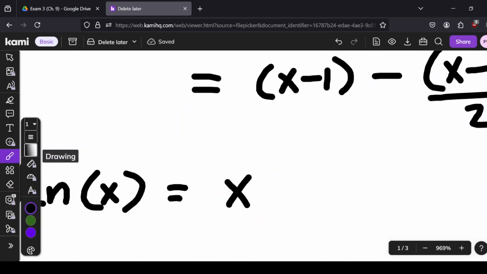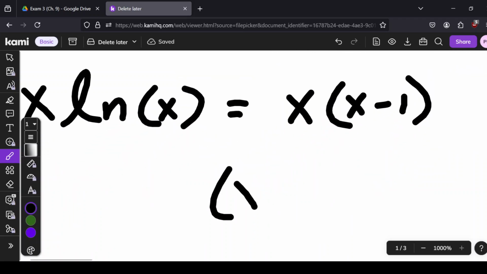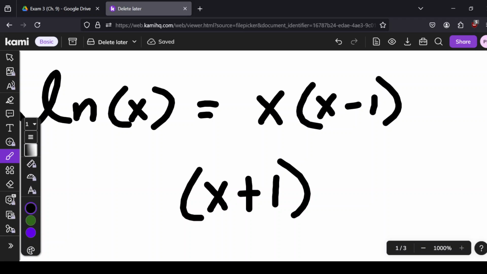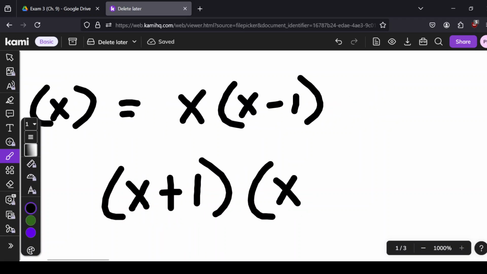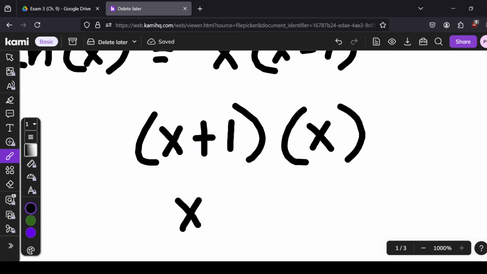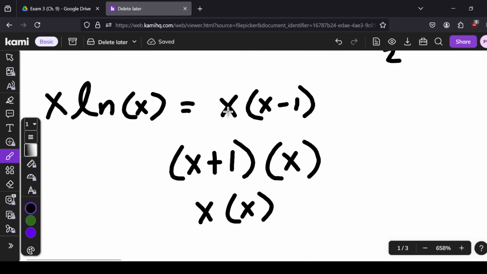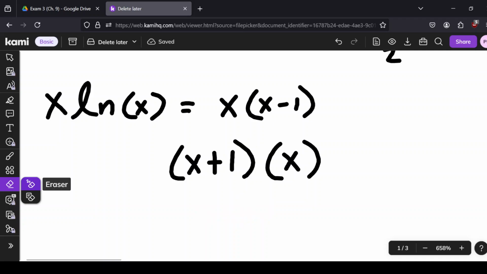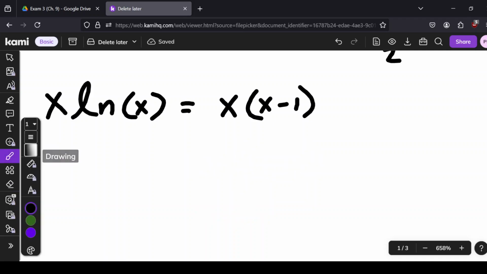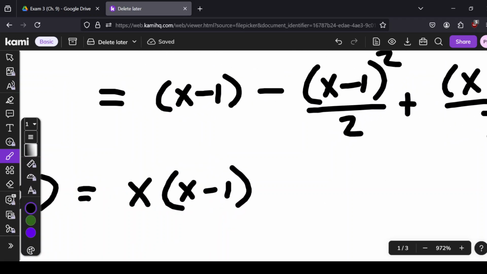So this is what I have right now. And I don't know if I need it to be like that, or if I need it to be like that. Does this need to have the x plus 1 in it as well? I don't think so, but maybe. I'll check, see what I got when I did this earlier.